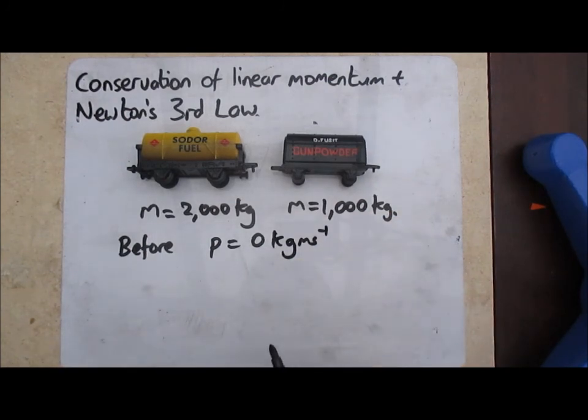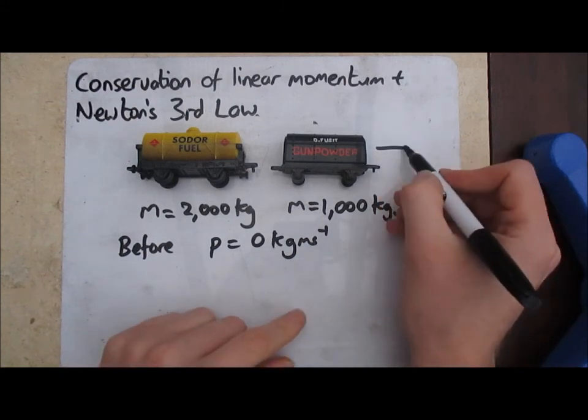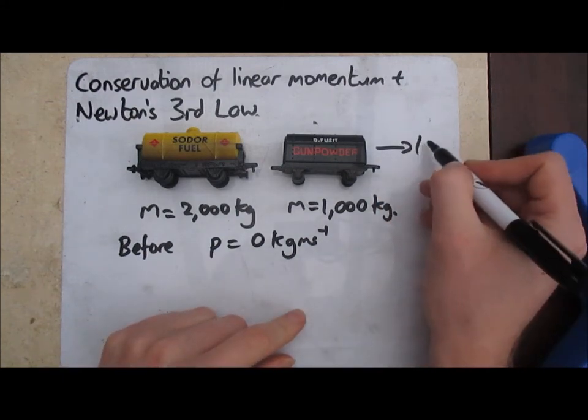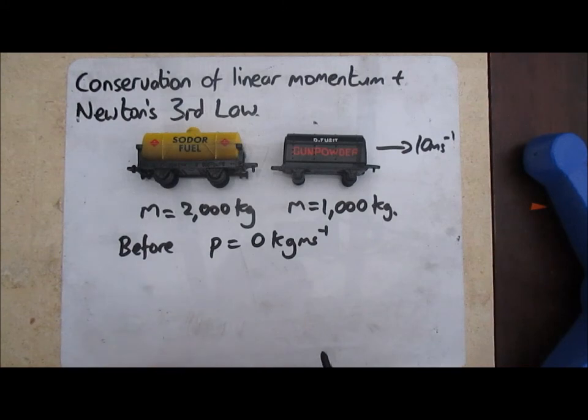Now, to work out what the speed of one of them is afterwards, we'll need to know the speed of the other one afterwards, or more correctly velocity, because they're going to move in opposite directions, so the direction factor here is all important. So let's say we know that the gunpowder truck moves to the right with a velocity of 10 meters per second.